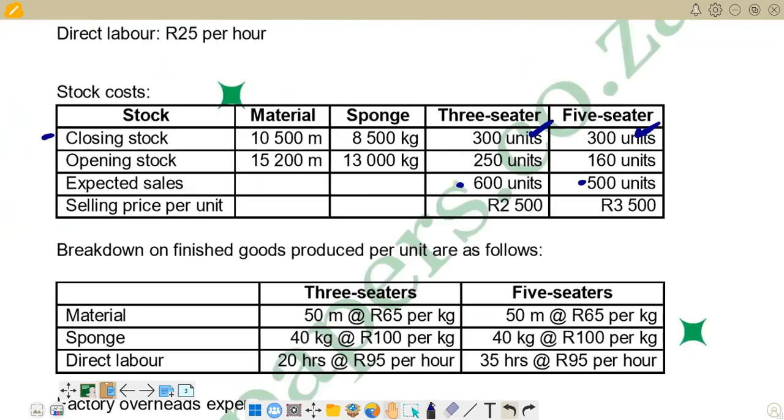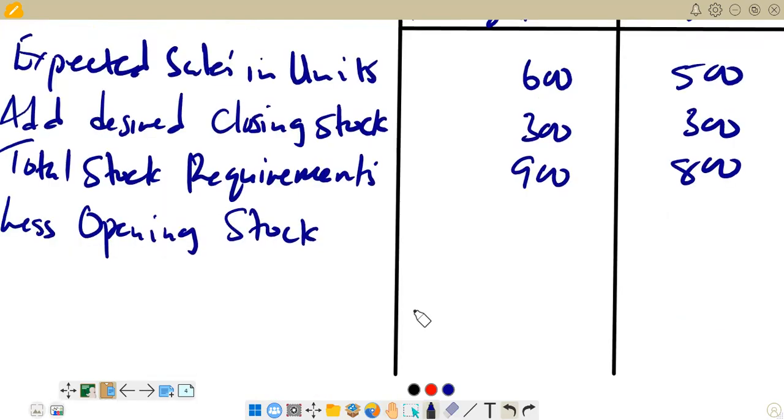We are given the figures: our opening stock is 250 units for 3-seater and 160 units for 5-seater. So we come here, we are saying 250, and remember here we are saying less, so we are subtracting, and then we have 160 for 5-seater. We show by brackets that we are subtracting. Then the final figure that we are going to get is the number of units to be produced.